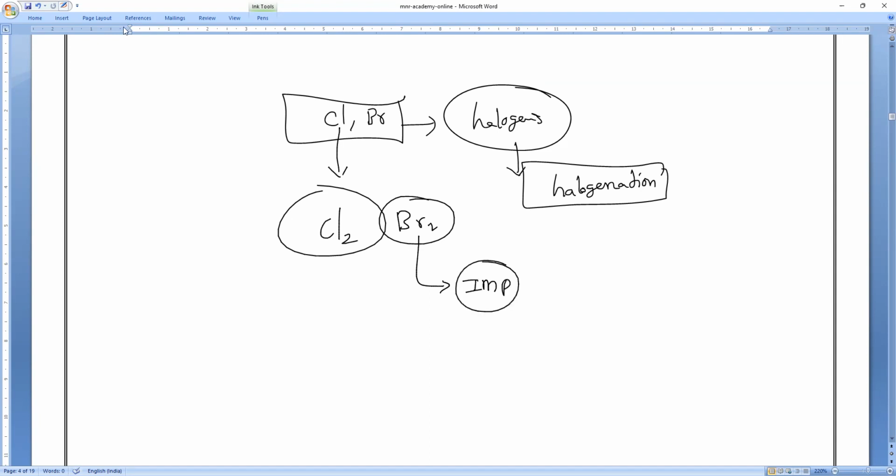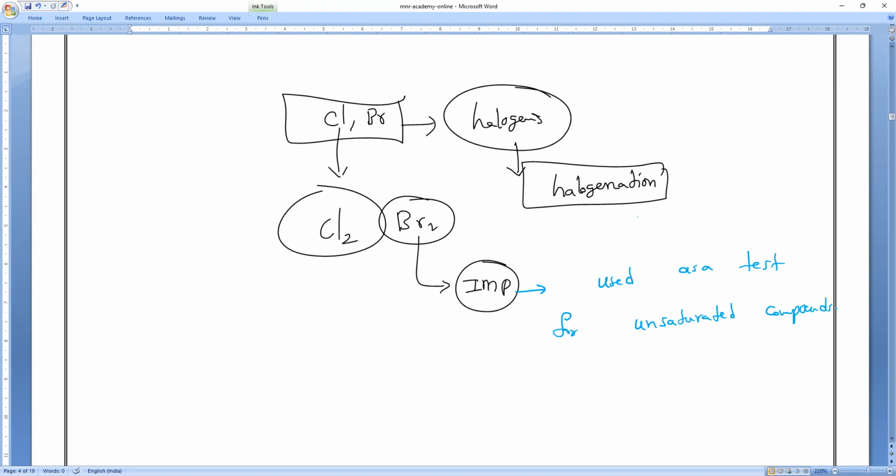Addition of bromine, most important reaction. Why, sir? Because we are going to use it in general life. Write it, everybody: bromine test is used as a test for unsaturated compounds.